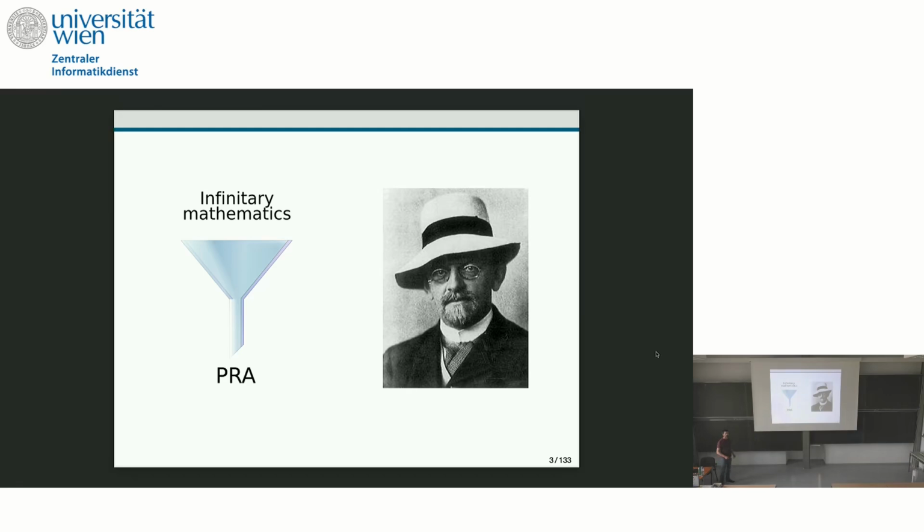And Hilbert tried to save infinitary techniques in mathematics by trying to identify an infinitary system which would capture infinitary mathematics, and then within this capture finitary mathematics and show some reduction, showing that every proof that could be done by infinitary means could be translated into a finitary proof. Of course, this was proven not to be possible by Gödel's incompleteness theorem, because the consistency of arithmetic is a finitary statement which is not provable by finitary means.